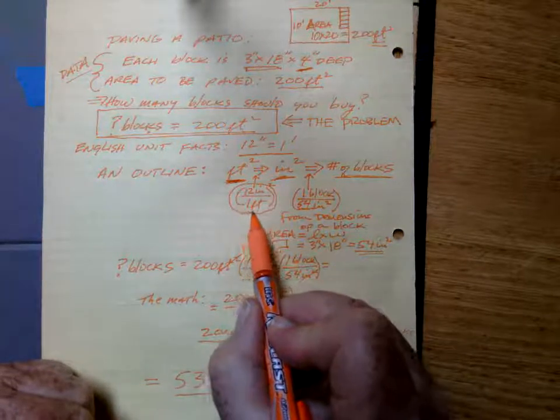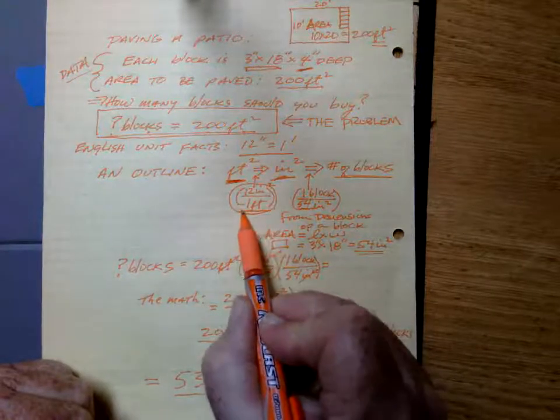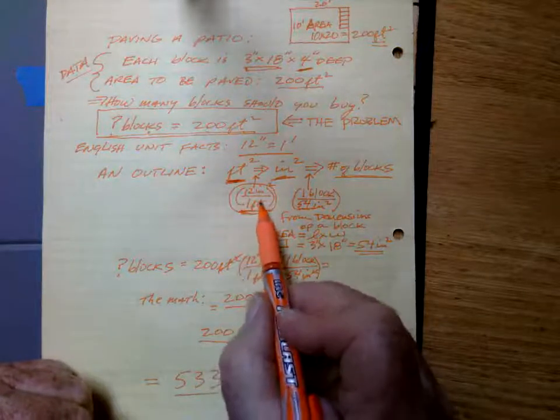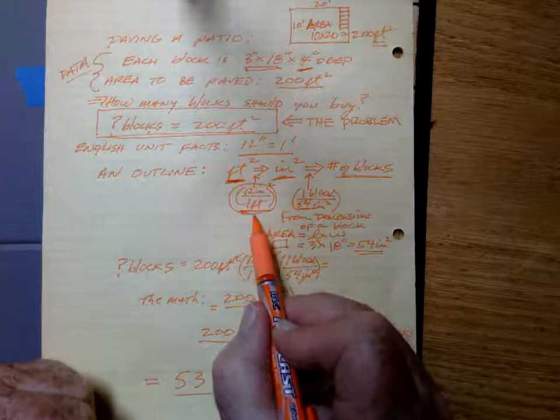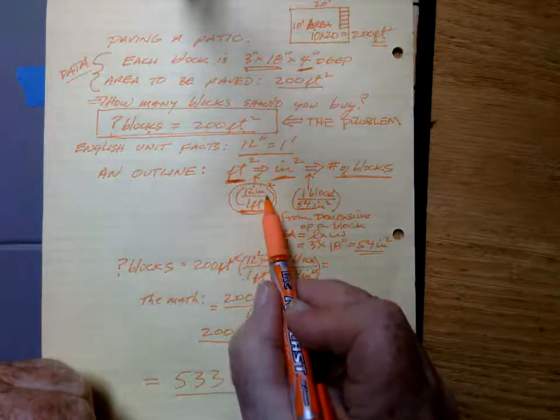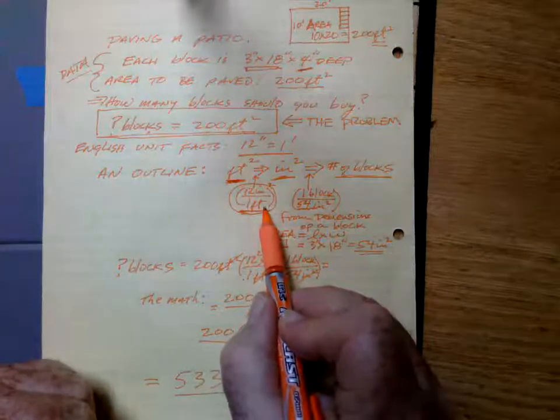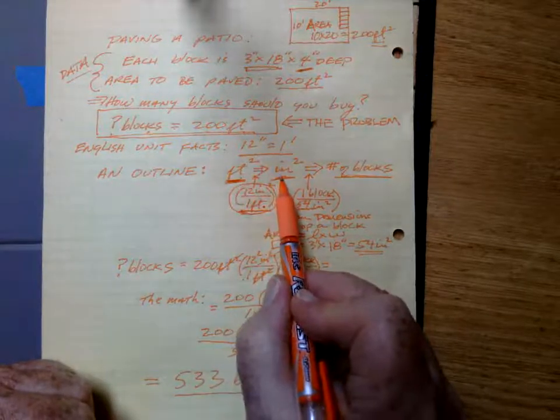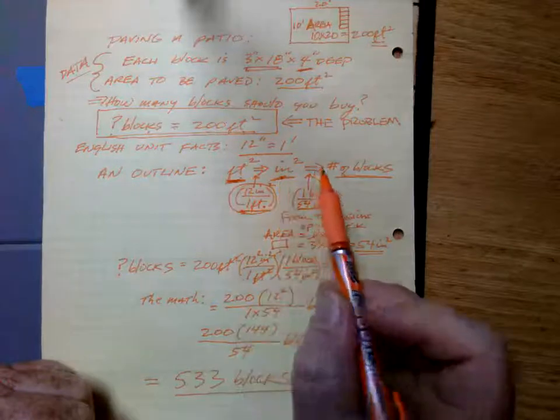If I squared that conversion factor, that is, I squared everything in the conversion factor, I would come up with a conversion factor between square inches and square feet.